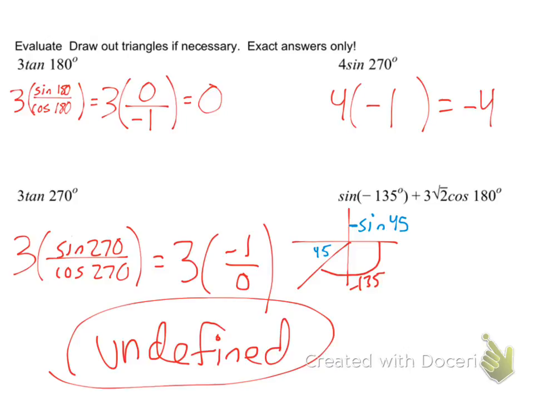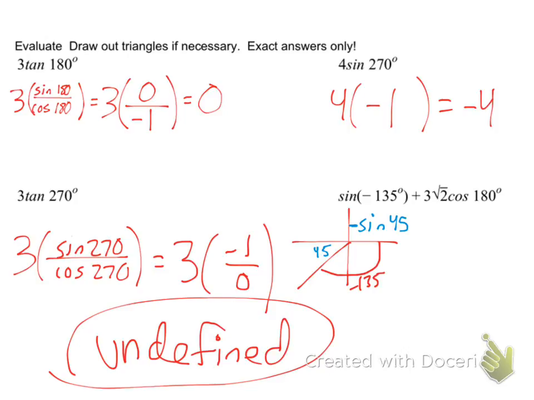Do you guys remember how to do that? You guys agree with this? Sine of -135 is in the third quadrant, in which sine is negative, and it references 45 degrees in the first quadrant, which is always positive, so therefore I have to put the negative up front, and it's the same value.